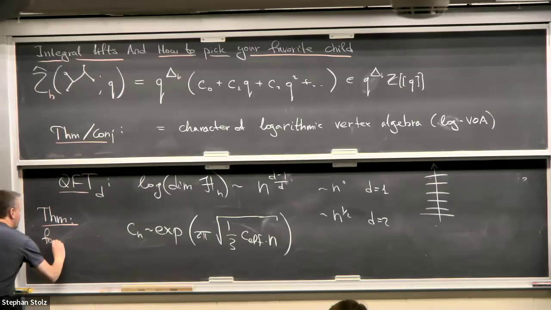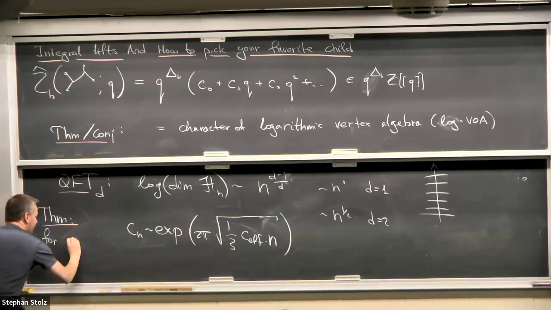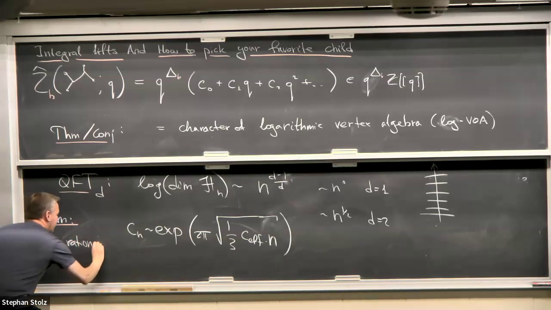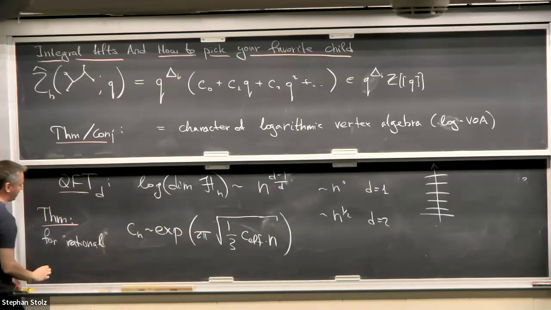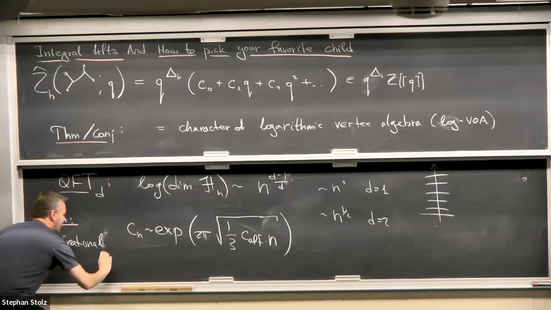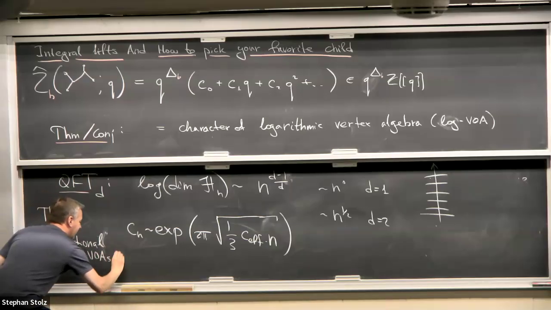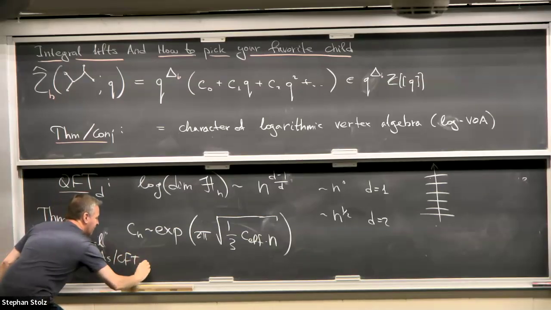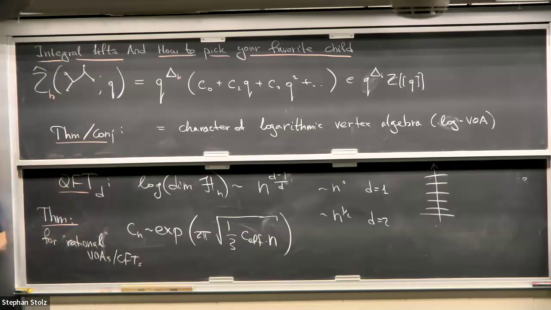So I should say for rational. That's what nice means. For rational VOAs and CFTs, whichever version you prefer, you have this. That's a true fact, mathematically true.